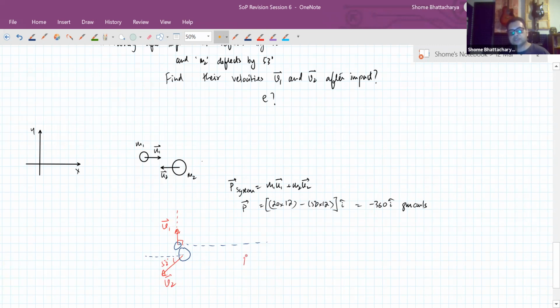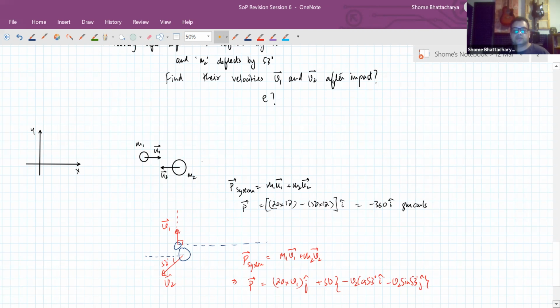So the momentum of the system just after impact is m1 v1 plus m2 v2. This becomes 20 into some v1 j cap, and this becomes 50 into minus v2 cos 53 i cap minus v2 sin 53 j cap.